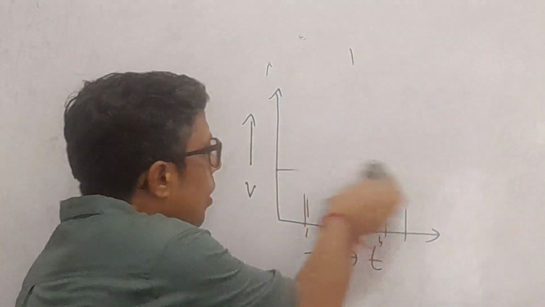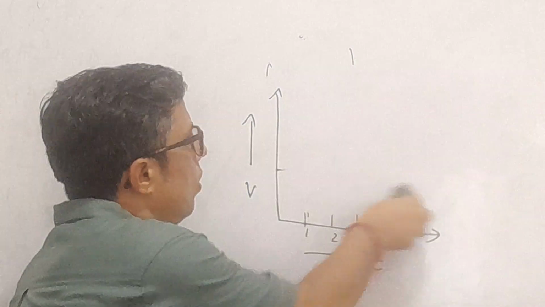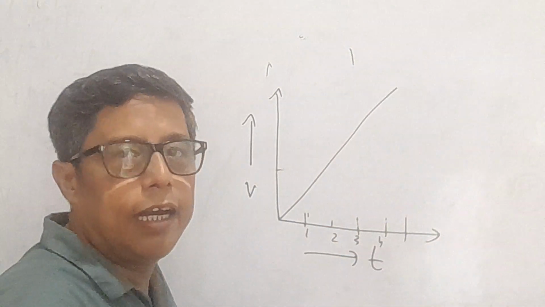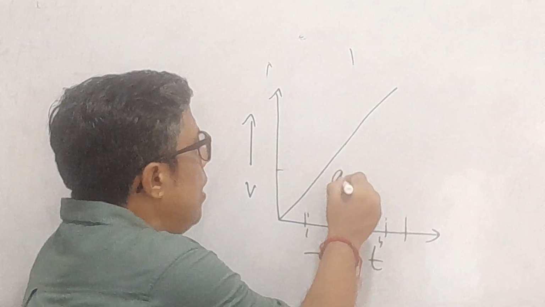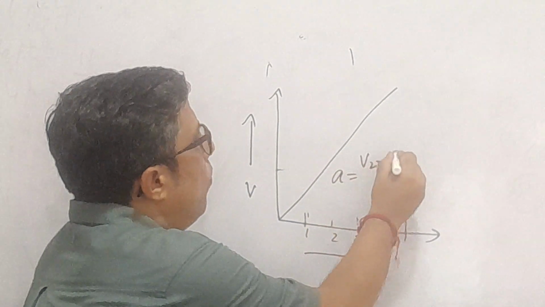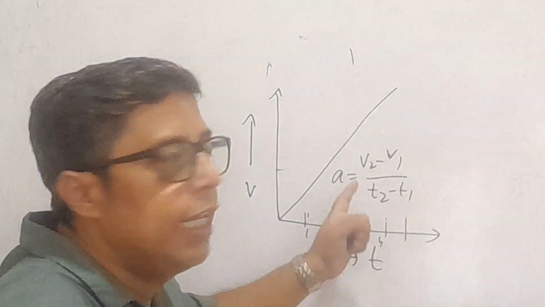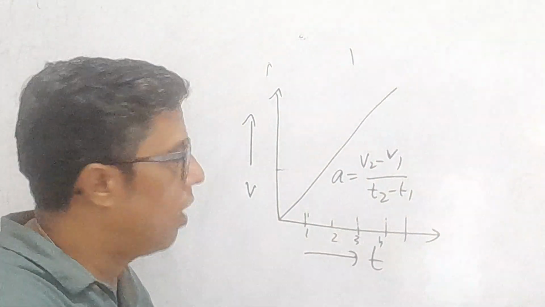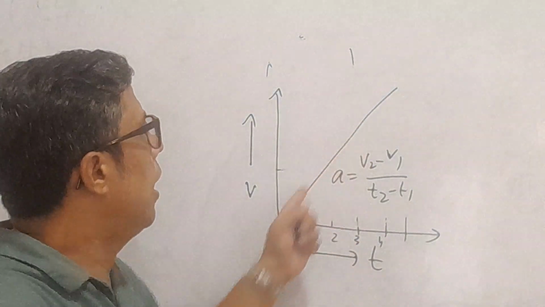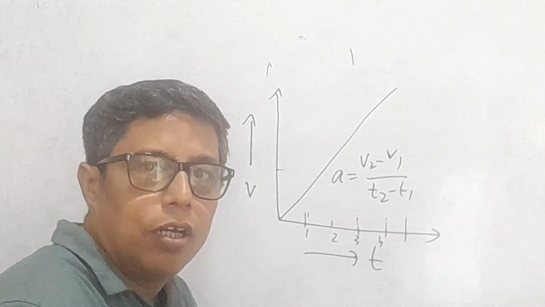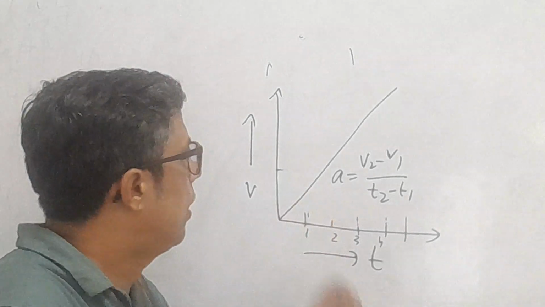Next, a slanted straight line on the velocity-time graph represents an accelerating graph. Here acceleration a is equal to v2 minus v1 by t2 minus t1, that means the change in velocity with respect to change in time. The slope of this straight line represents the acceleration. So acceleration is the slope of the VT graph.